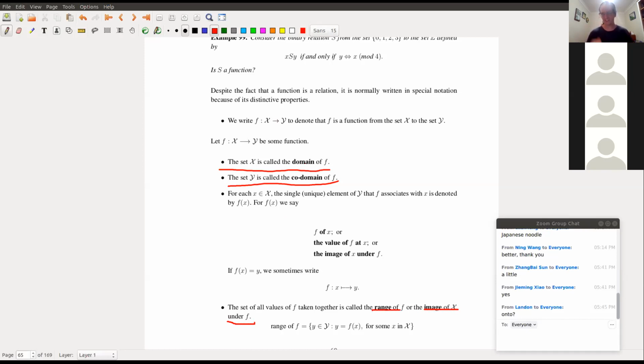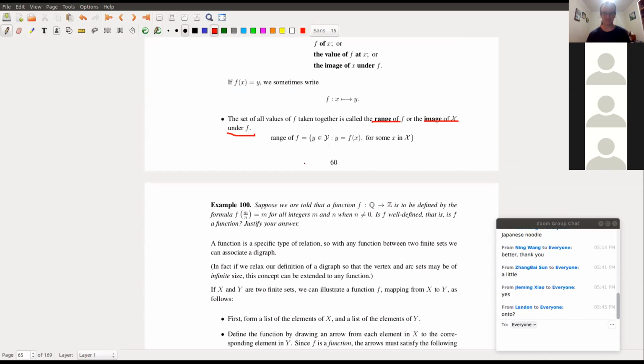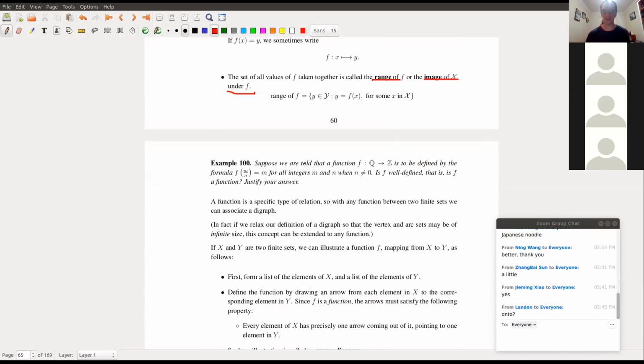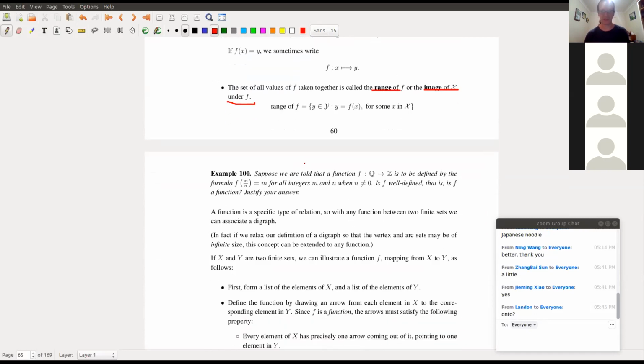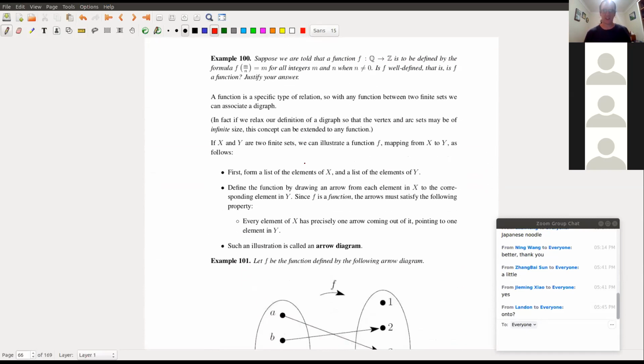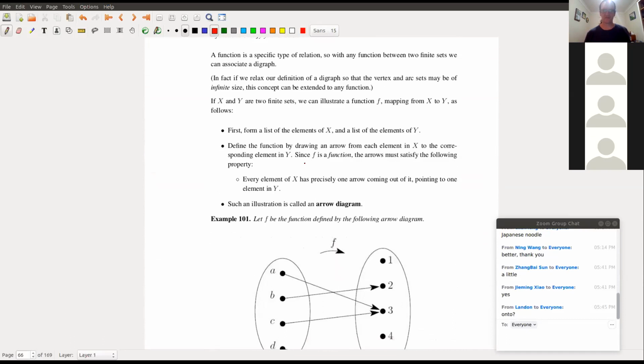So domain, the set you're mapping from, codomain, the set you're mapping to, the range is the set of actual values you hit. That one is, I'd say, more important than the codomain. Okay, again, we're going back to these arrow diagrams and representing things as bipartite graphs, because it's just relations again. That's fine.